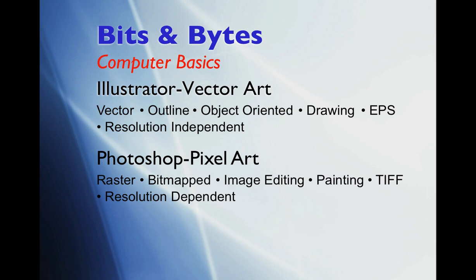They need Illustrator type vector art to read the outlines, cut the letters and or the images so that they can be then applied to other surfaces. So very, very fundamental, important difference for sure between Illustrator and Photoshop.